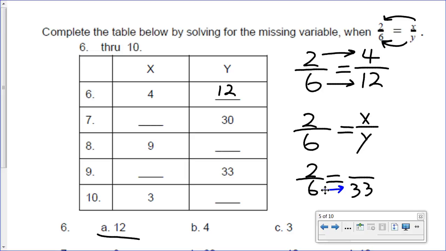Okay, so you've got a calculator. What you will find is you come up with 5.5. So actually 6 multiplied by 5.5 equals 33. So you would just multiply the top by 5.5 and that would give you something. Okay, so that is basically how you do 6 through 10.